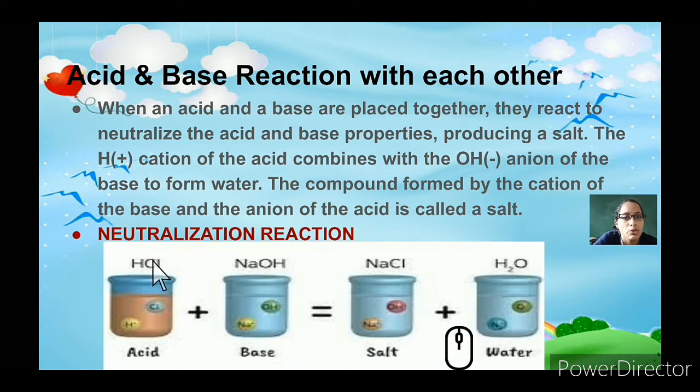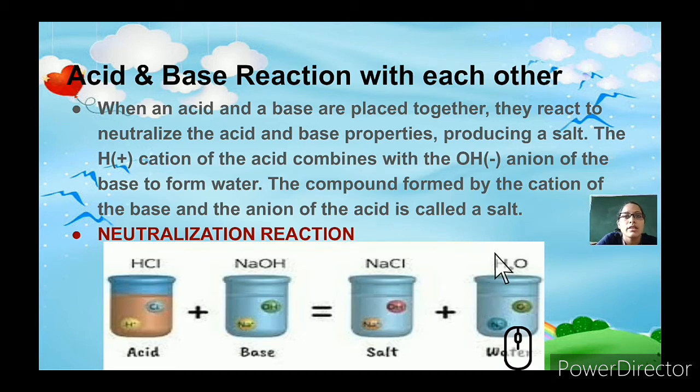Chlorine is a halogen. So sodium as a metal and a halogen combine to form a salt, that is sodium chloride, and what is left out here, that is OH from sodium hydroxide and H from hydrochloric acid, these two combine together to release water.